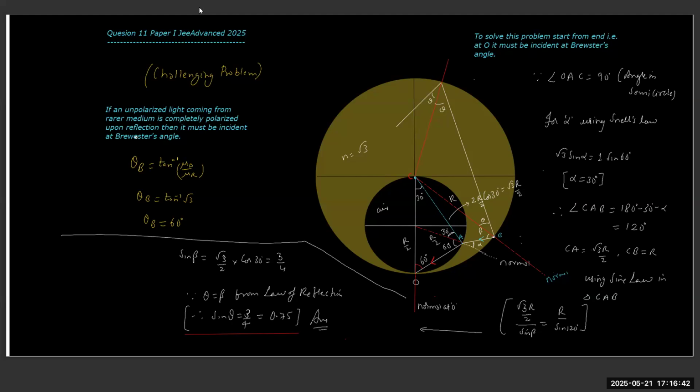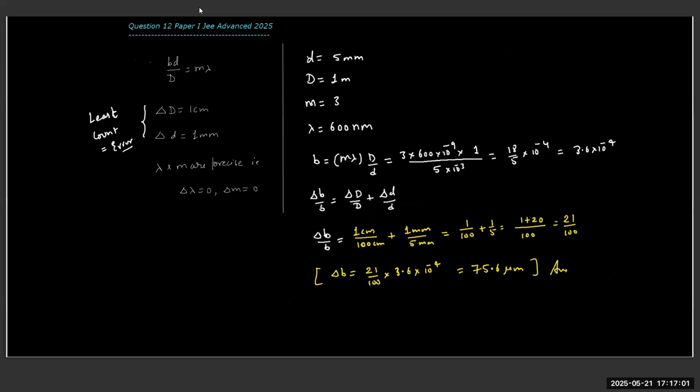So I think this question should be put in the category of challenging questions, and a very nice question from ray optics and also the application of Brewster's angle. So everything is applied here. You can pause the video and see in detail as much as you want. Okay, so now let's go to question number 12.